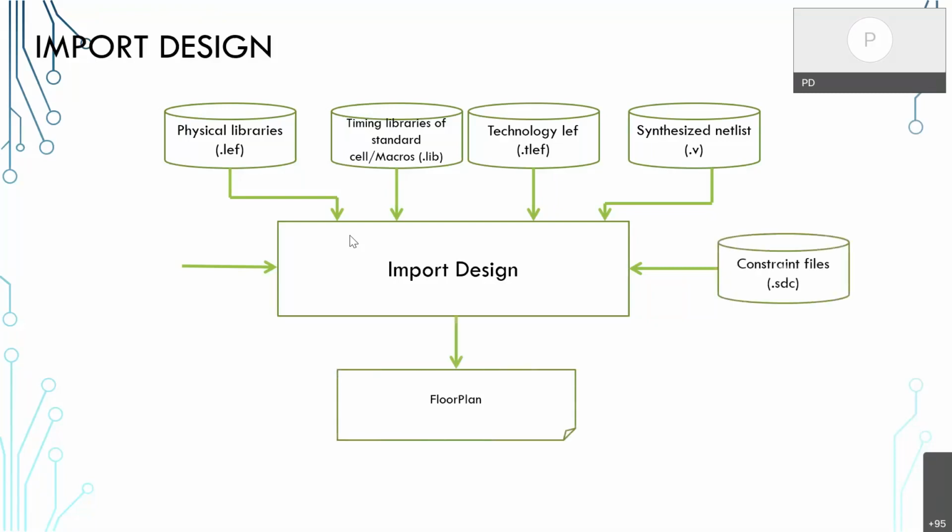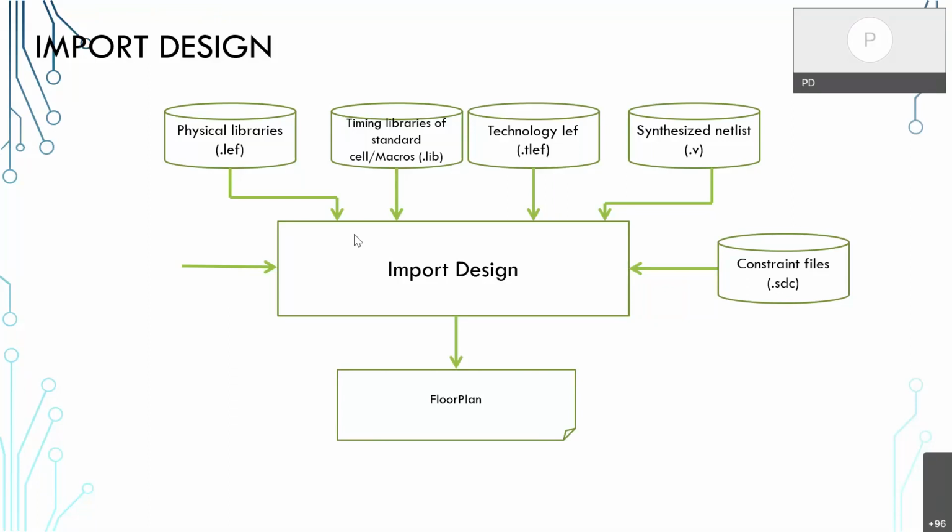And then the constraint files. What do we mean by constraint? It's a restriction. While manufacturing the chip, there are some restrictions. My chip can only consume this much power, or it can take only this much area, it can work only in this much frequency.